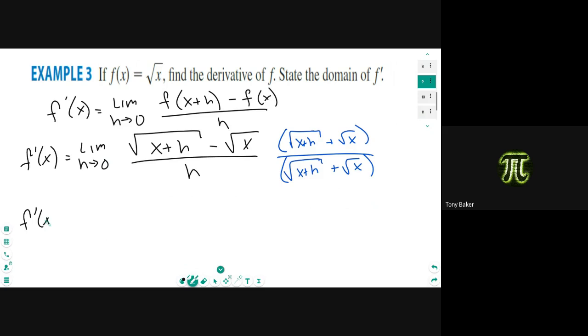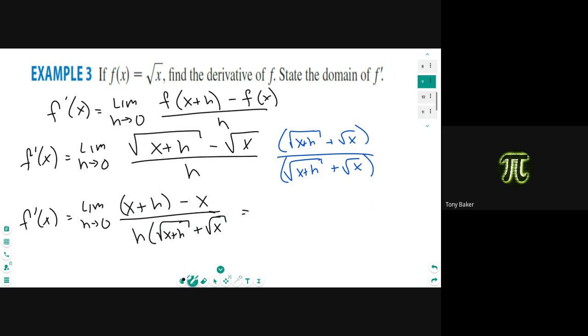Now on the top, we have x plus h minus x. And on the bottom, we have h times the square root of x plus h plus square root of x. So these x's cancel out, and I'm left with just the h on the top. And the h's now cancel out. So I have 1 over square root of x plus h plus square root of x.